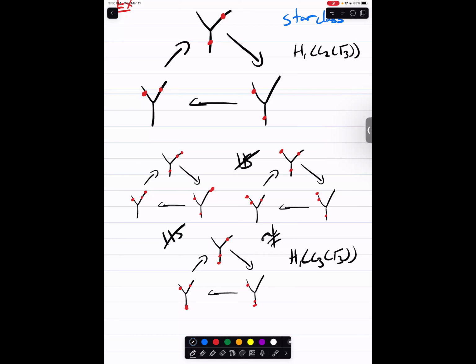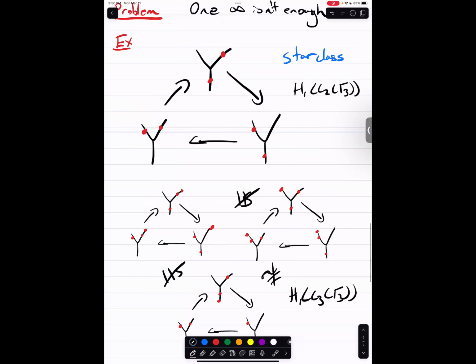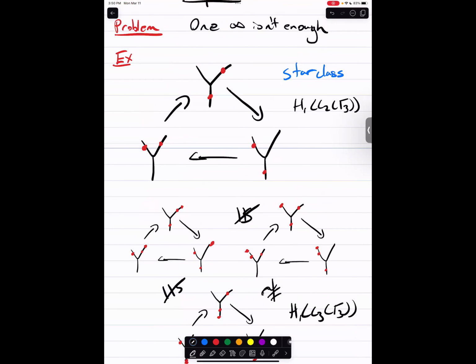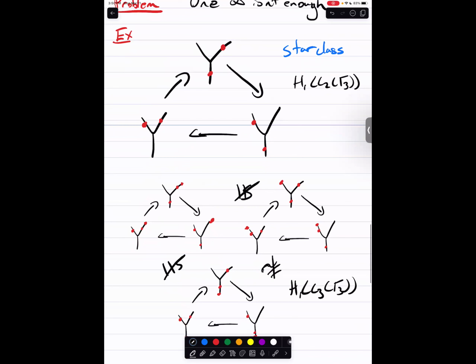So we have these star classes and we say, this is not enough. Well, it turns out that if we took all of these possible options, we would actually have everything. We said, okay, there are 3 infinities in this case. We're able to get every single class in first homology.